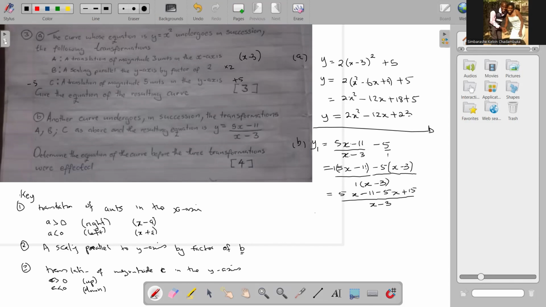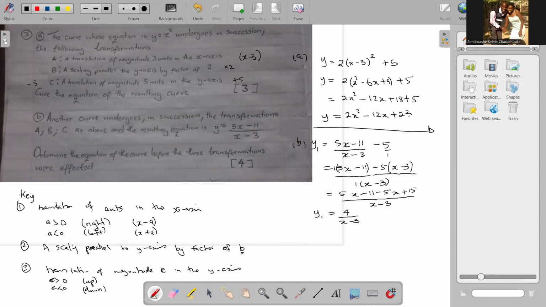So our equation after taking out the last transformation will be equal to minus 11 plus 15, 4 over x minus 3. Then we are done with dealing with the first transformation.